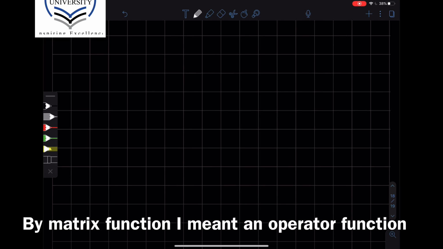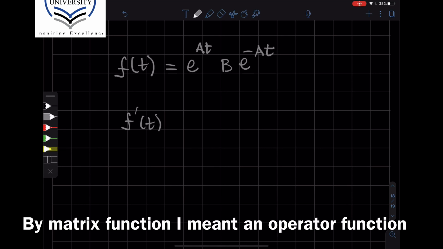To evaluate this, we first define a function of t. It's a matrix function, given by e to the power a t times b times e to the power minus a t, where t is not a matrix, it's a real parameter. Then we can take derivatives of this function with respect to t.